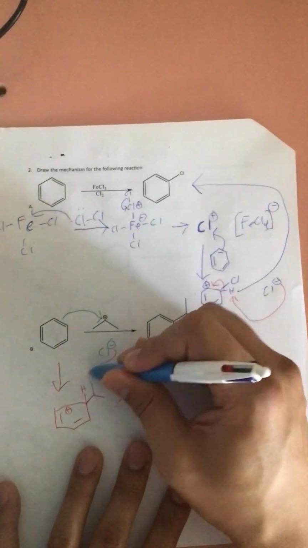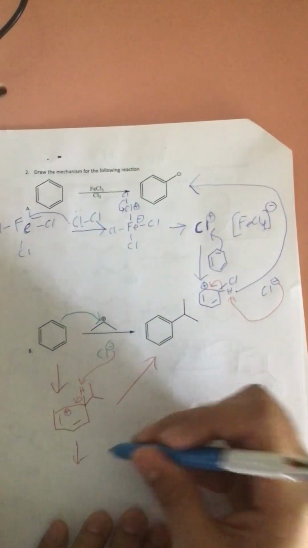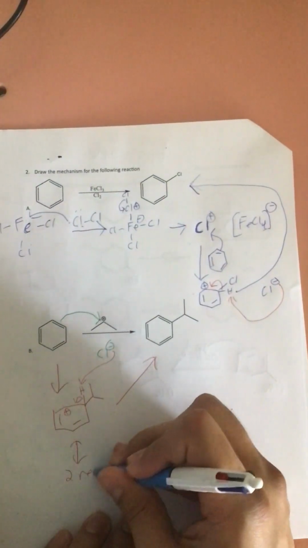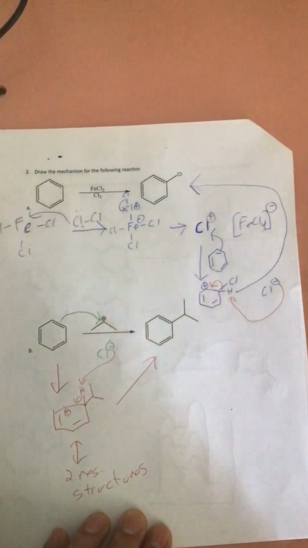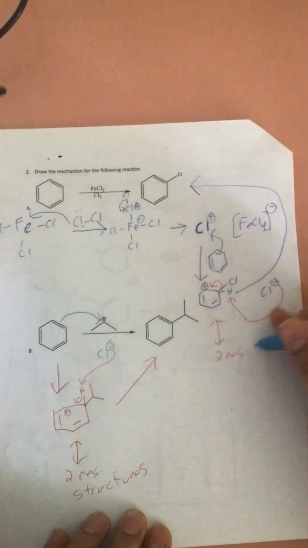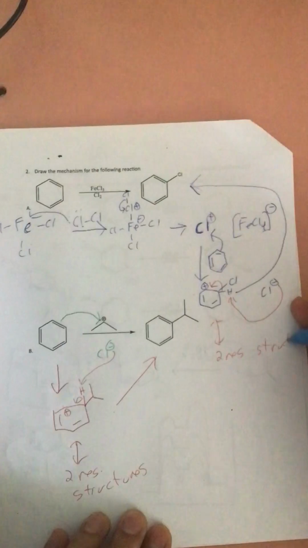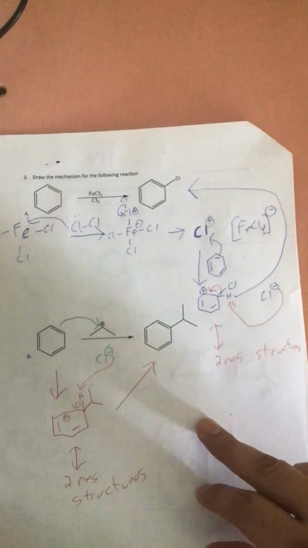And then chloride can come in, grab that, and get there. There are two resonance structures, just like there are right here too. I'm not drawing them, but they are there. So just keep that in mind.